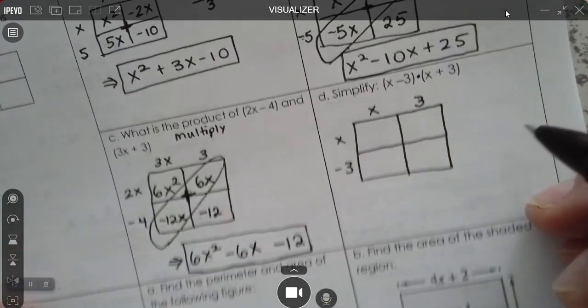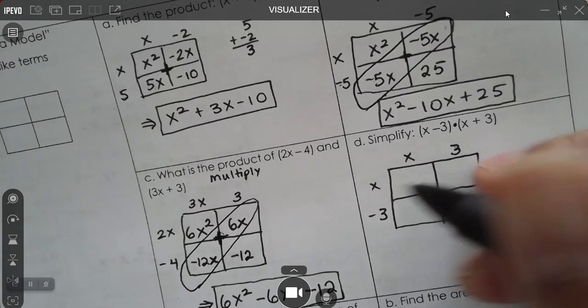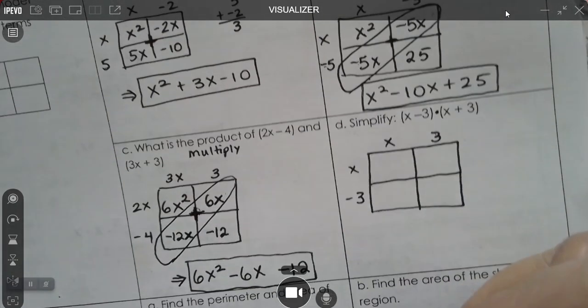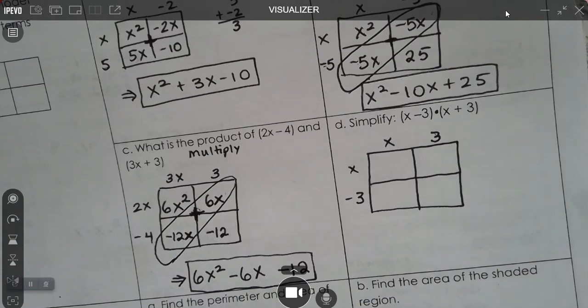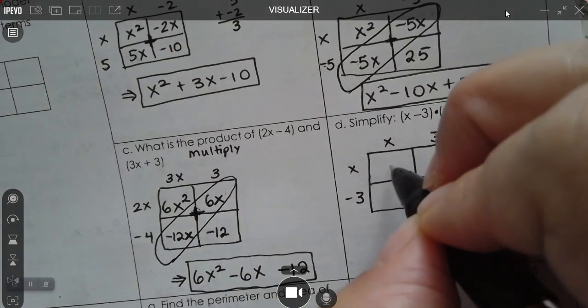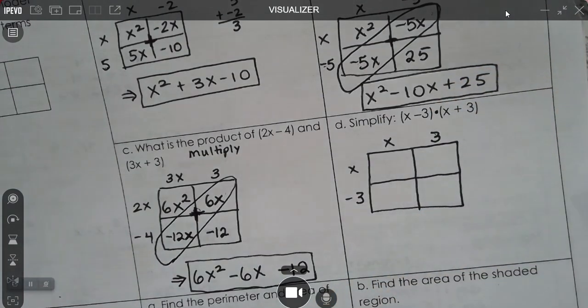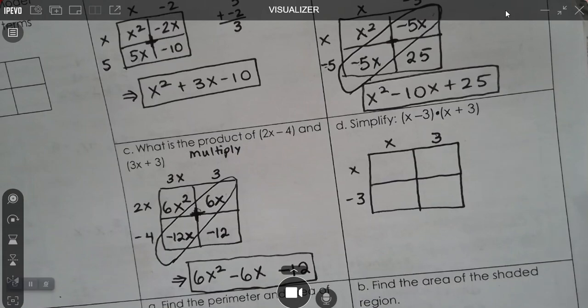Questions? All right, this one, did you fill in the boxes? Go ahead and multiply. All right, can I fill them in?